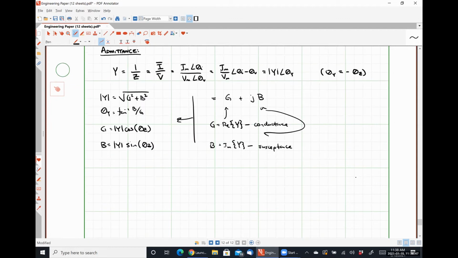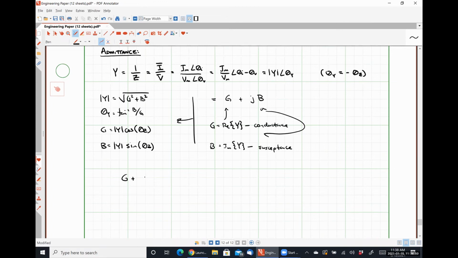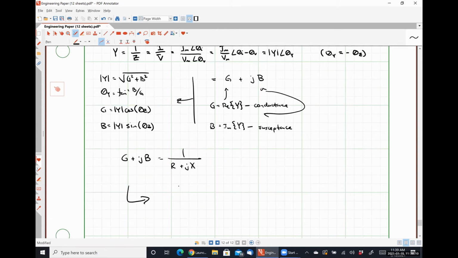So we know that G plus jB is equal to 1 divided by R plus jX. This gives us 4 relationships. G is equal to R divided by R squared plus X squared. B is equal to negative X over R squared plus X squared.